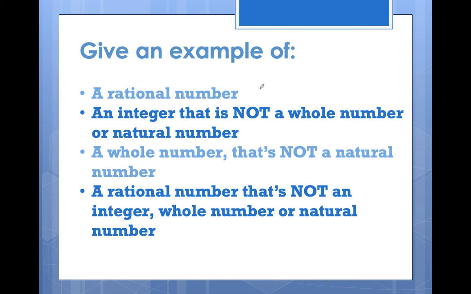A rational number can be almost anything. Basically, for the first example, you can include any number as long as it's not pi, basically. We didn't discuss this, but pi is a decimal that never ends and never repeats. So pi does not fit under the rational number category.